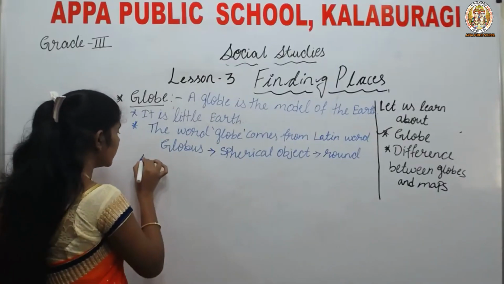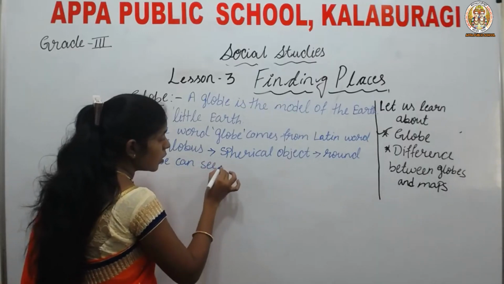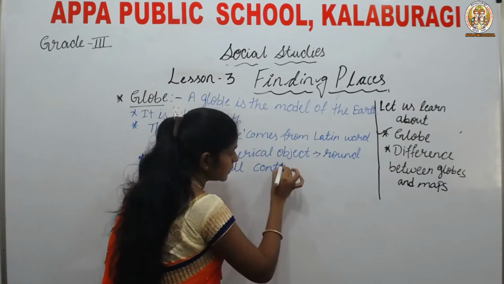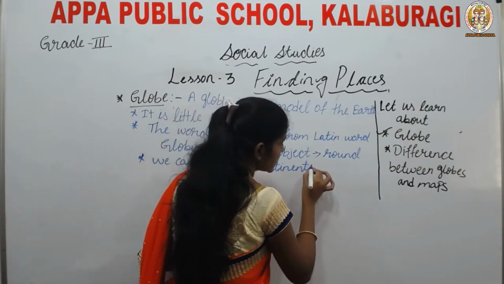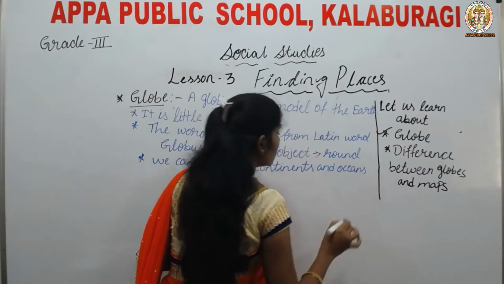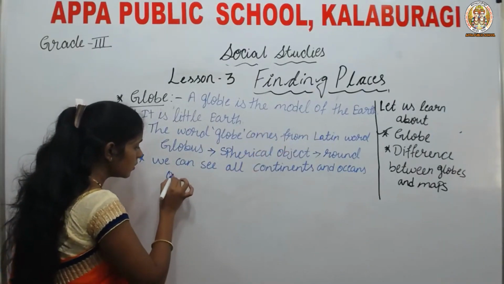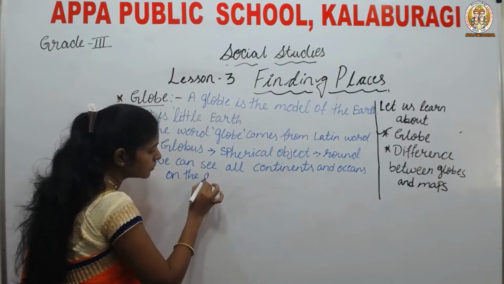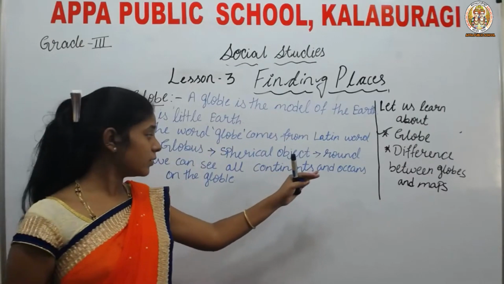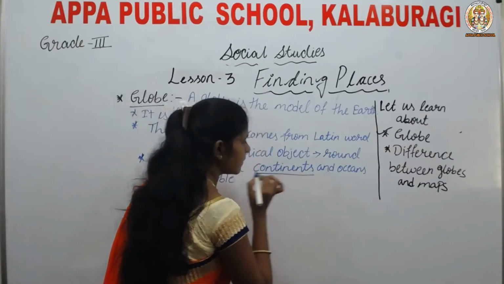What can we see? We can see all continents and oceans on the globe. What do you mean by continents?